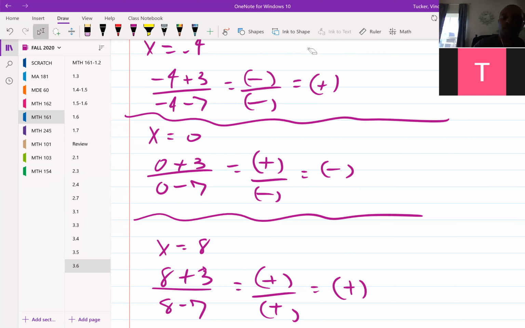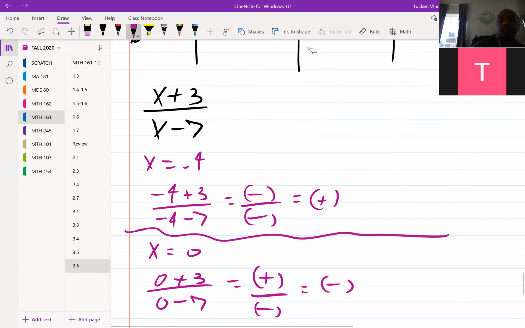So before we finish it off, make sure we're okay. We found our intervals by setting our numerator and denominator equal to 0. Then within those intervals, we chose values and plugged those in to test how our function would respond in those intervals. We end up getting positive, negative, positive as a result.